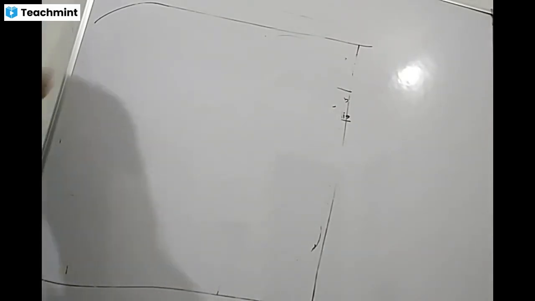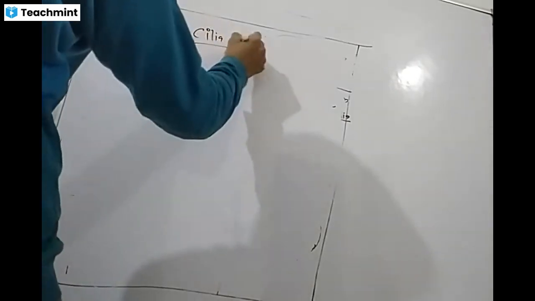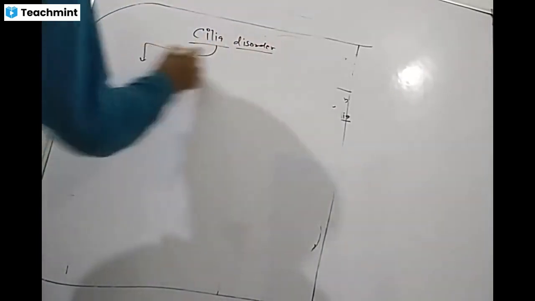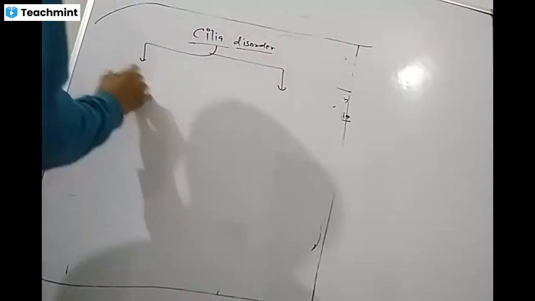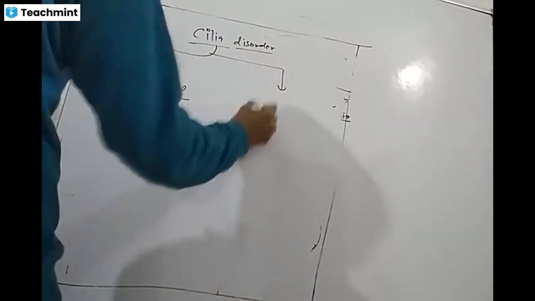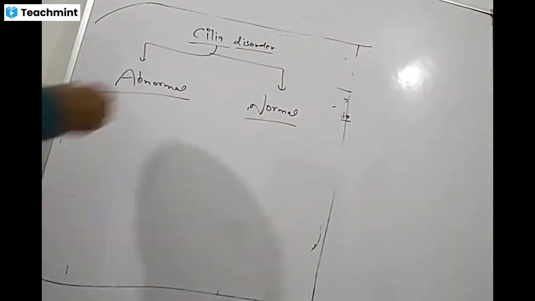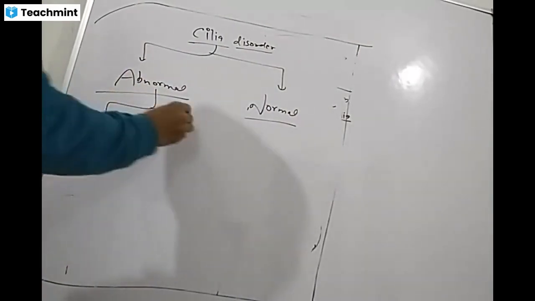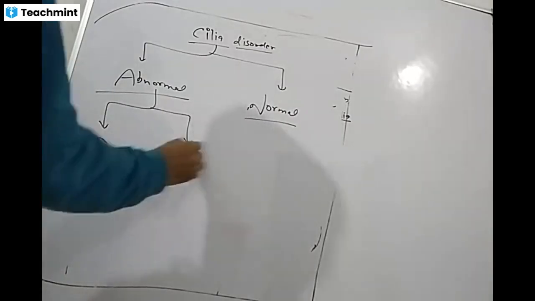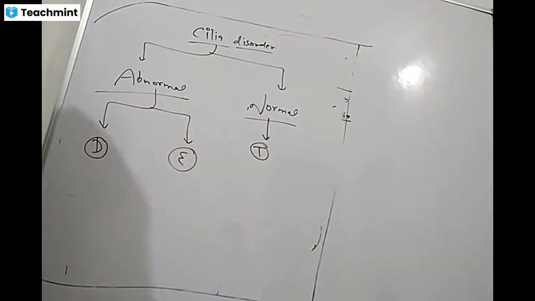After this, we'll see cilia disorders. There are two types of cilia disorder: abnormal and normal. Abnormal are of two types, D and E, and normal is T, in the sequence of ABC.